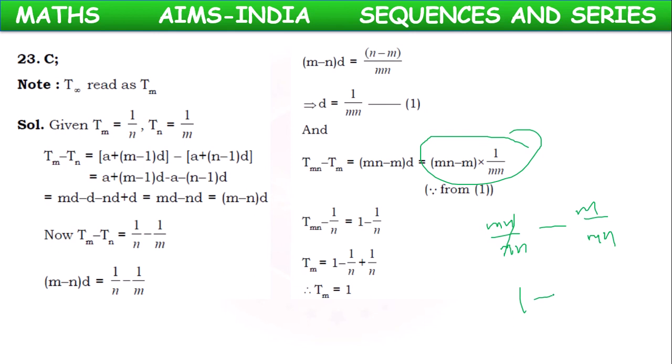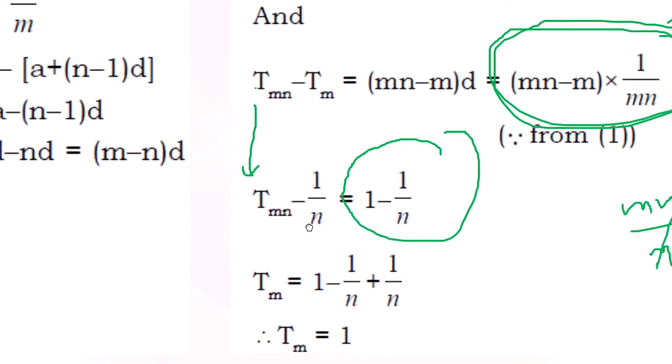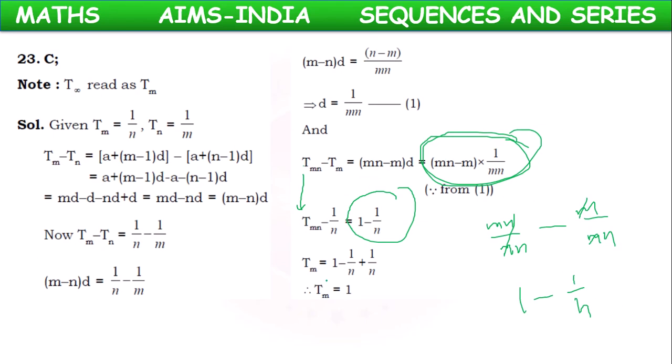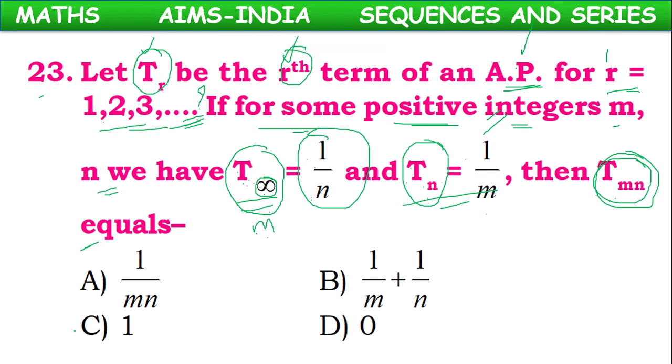This cancels, 1 minus m by mn gets cancelled to 1 by n. So this value is equal to 1 minus 1 by n. And Tmn, let's take as it is. And Tm value is 1 by n. So Tmn value, this 1 by n will go towards the right hand side: 1 minus 1 by n plus 1 by n. 1 by n gets cancelled. Tmn equals 1. So option C is correct.